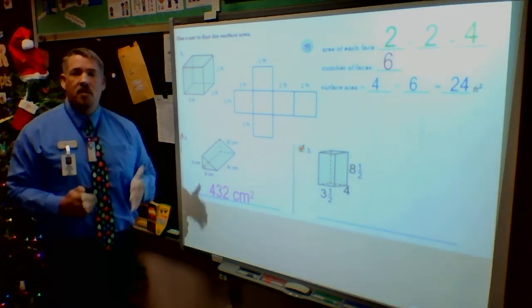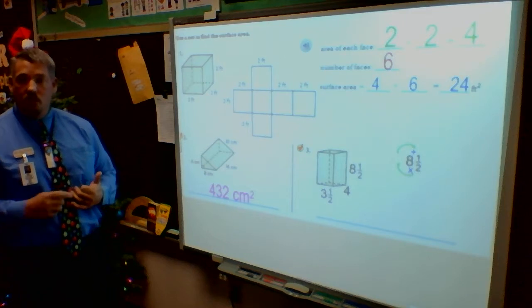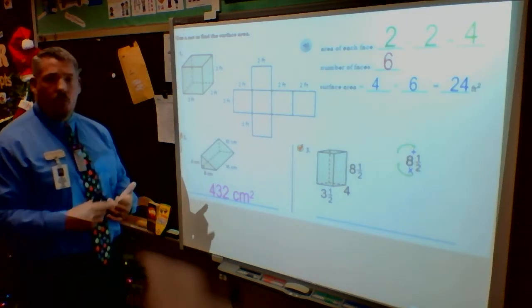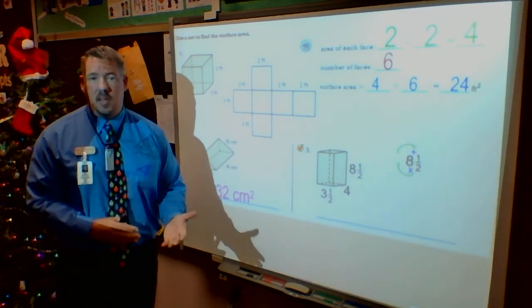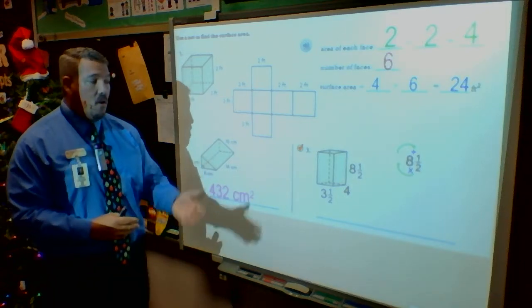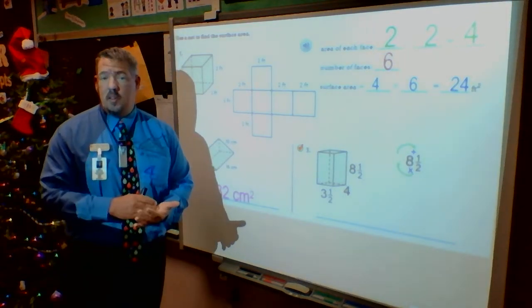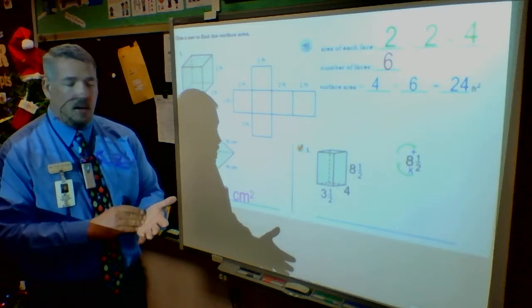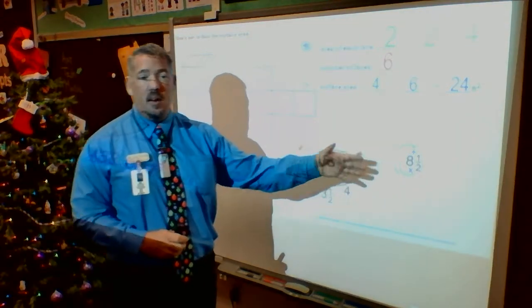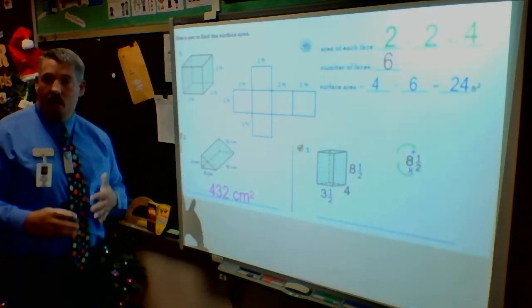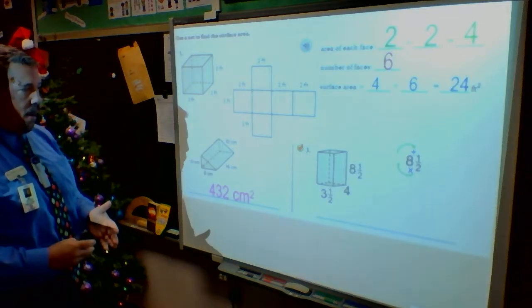Because it is a rectangular pyramid, I'm going to use the triangle formula. However, I have to realize that I can't use mixed numbers in a multiplication problem. And I know I'm going to multiply because, since they're rectangles, it's always base times height. So I have to change that into an improper fraction before I begin the math.